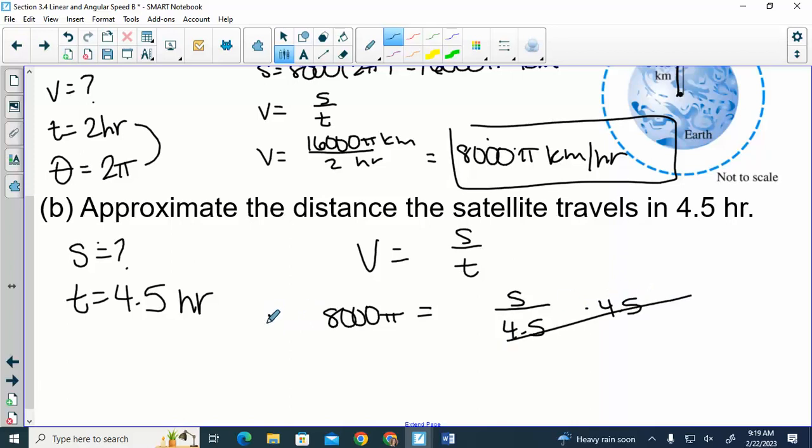Multiply over the 4.5. So we get 36,000 pi, maybe.